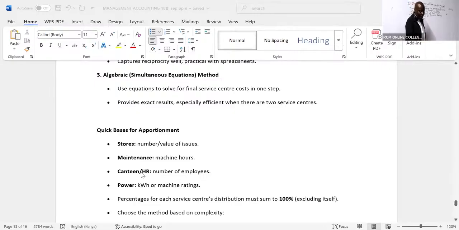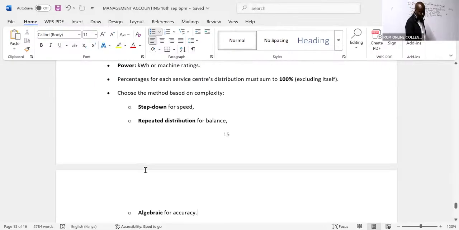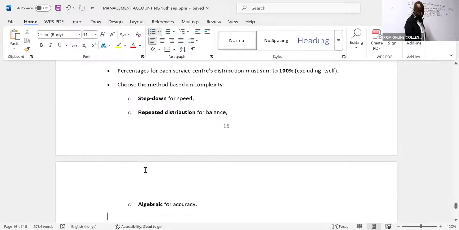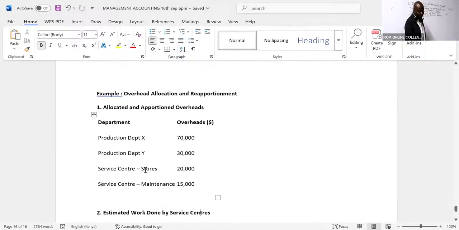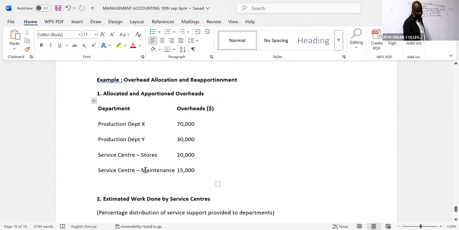So where we have reached, ladies and gentlemen, we should be able to straight away look at an example. Let's write this example down. Example: overhead allocation and reapportionment.